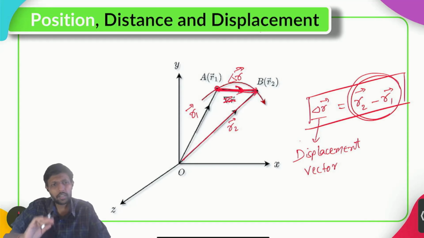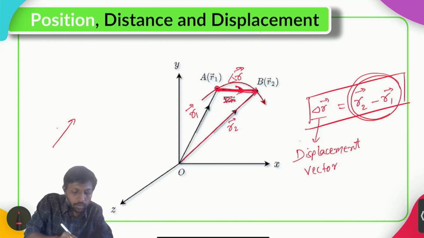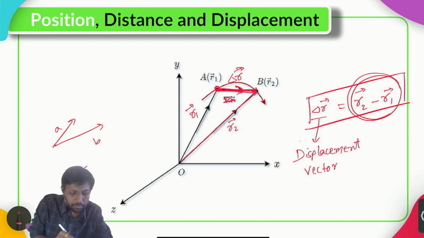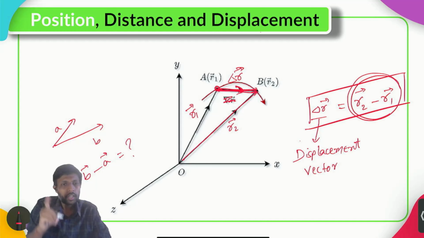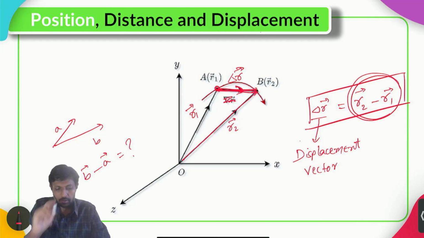Now, if you have studied vectors before, try to figure out if I give you a vector A and then I give you a vector B, how would vector B minus A look like? You can use either the triangle law or the parallelogram law to figure this out. The answer is this.